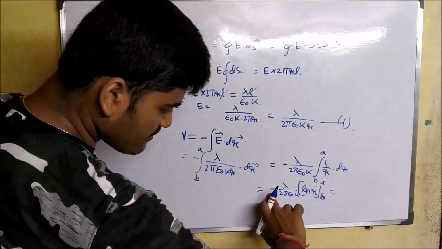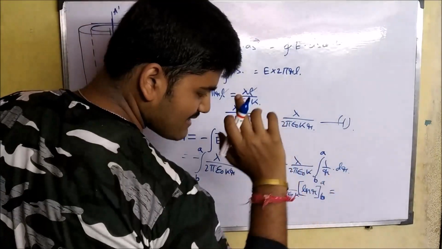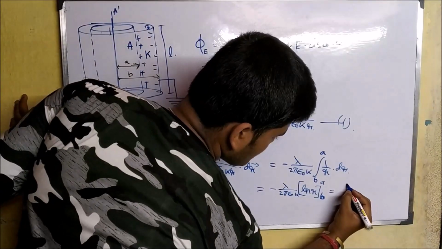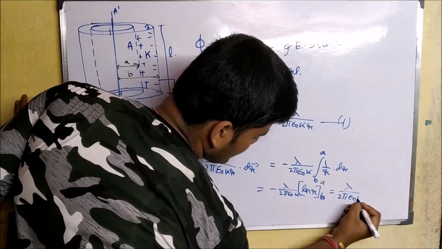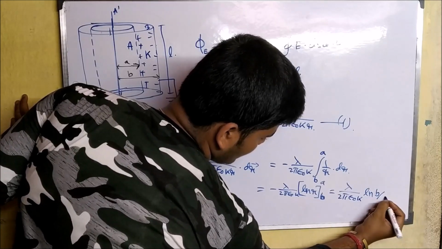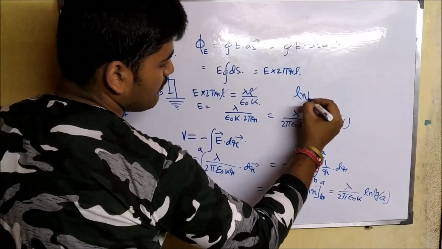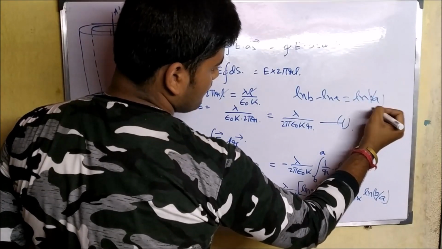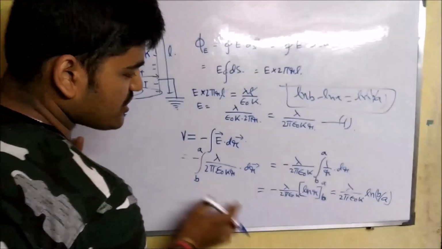But if we substitute the negative sign inside the bracket, we get ln a minus ln b, and with the entire minus, ln b minus ln a. So this will be equals to λ by 2πε₀K into ln b by a, as the property of log states that ln b minus ln a equals ln b by a. So we have got the potential difference over here also.